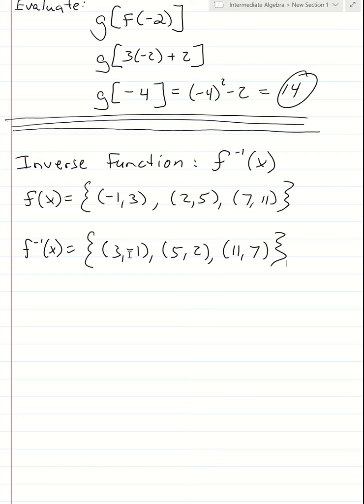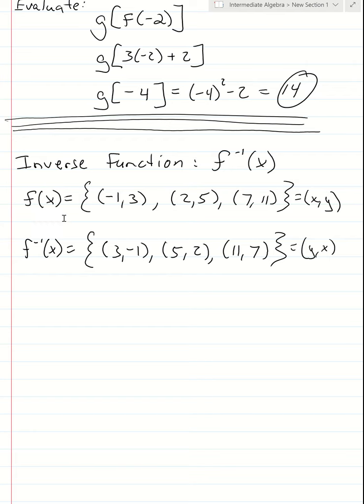The inverse function also has a set of ordered pairs, but what do you notice about them? Well, for every x and y that we had in the function, when it comes to the inverse function, all you have to do is switch your ordered pair numbers. So it would now become (y, x).